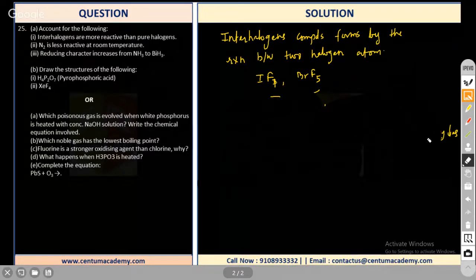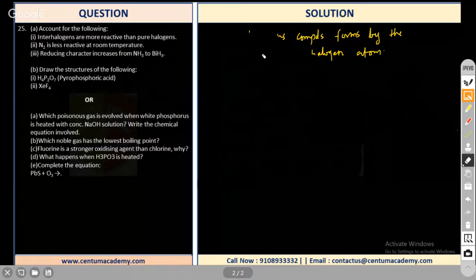How many P-OH bonds are present? 4. And the two phosphorus atoms are linked with one oxygen atom, right?